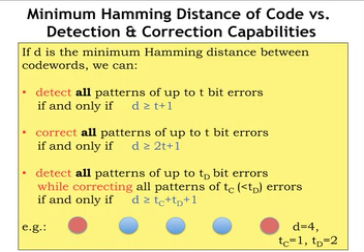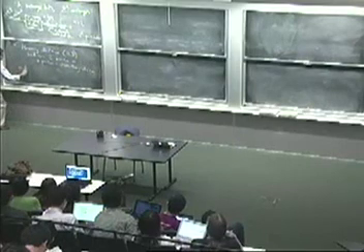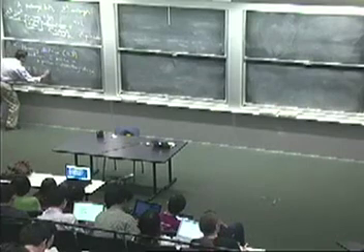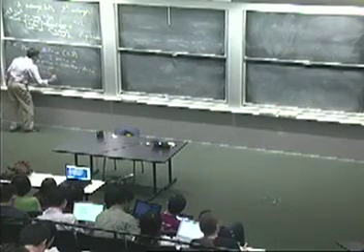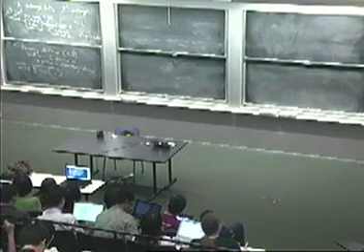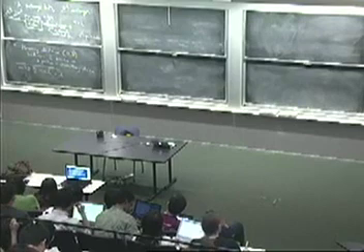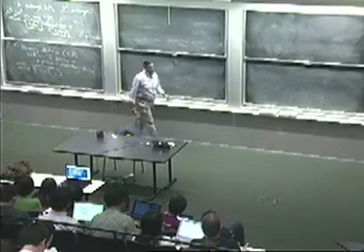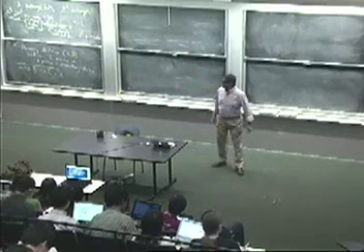And what we then said is you get certain desirable error detection and error correction properties based on the minimum distance, the minimum Hamming distance of a code. We use the symbol little d for that. That's the minimum distance you find between any two code words in the code. All right? So based on that, we wrote it slightly differently last time. I'm writing it to give you yet another way to think about it.